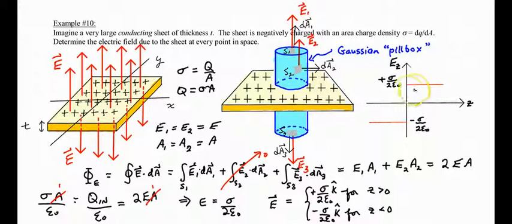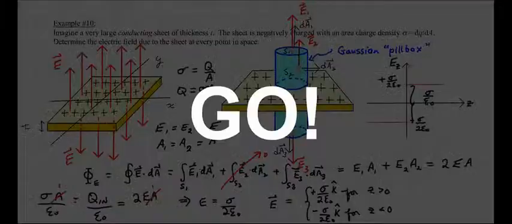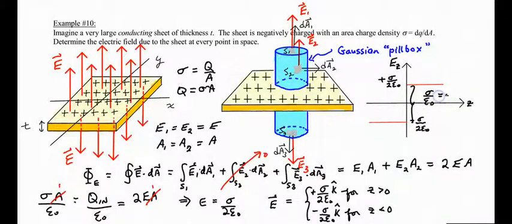So really, this whole jump is really sigma over epsilon naught. And this would represent the total change of the electric field along the z-axis.